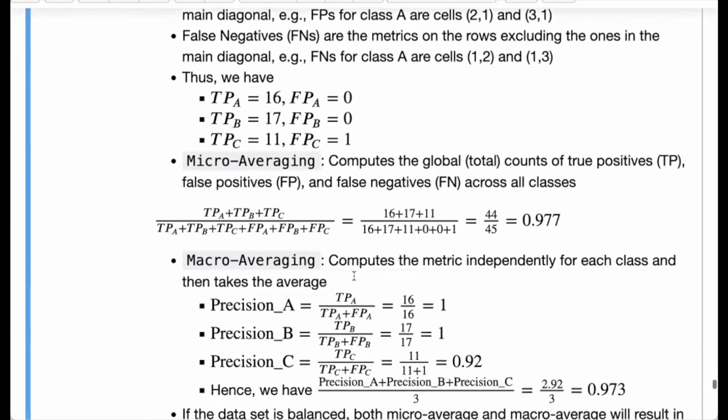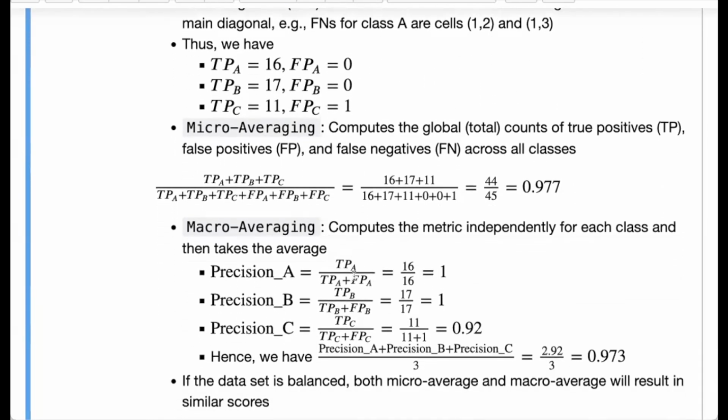So based on this information, now we can find the precision and recall. Let's say right now, mainly focus on precision using these values that we calculated. And we can do this in two different ways, what we call micro averaging and macro averaging.